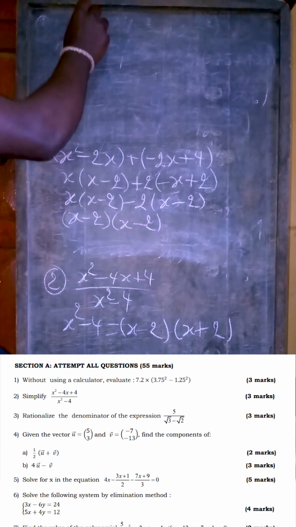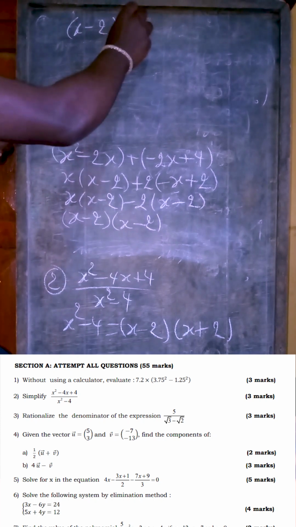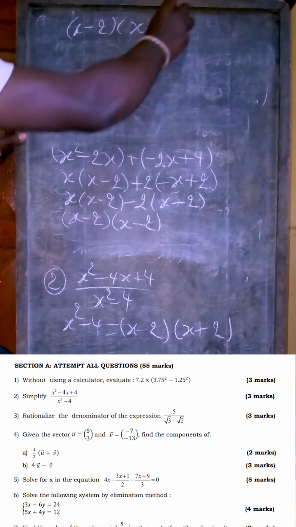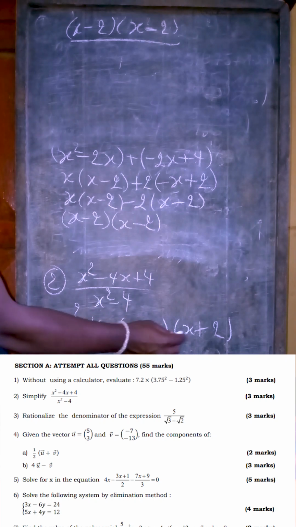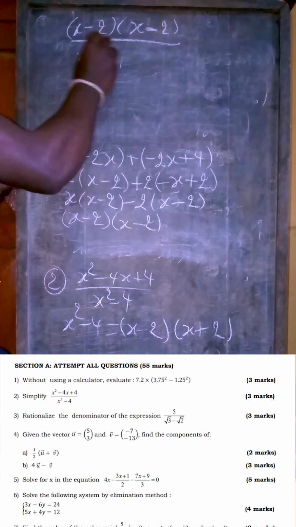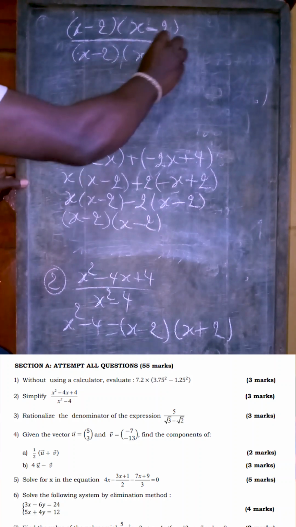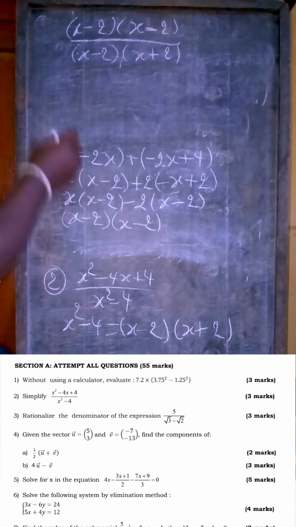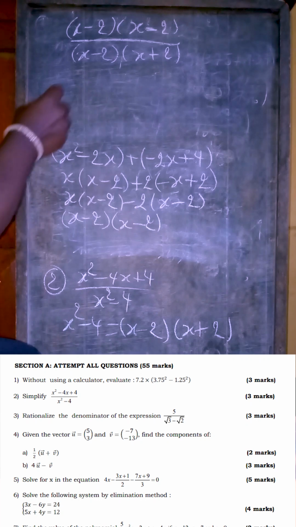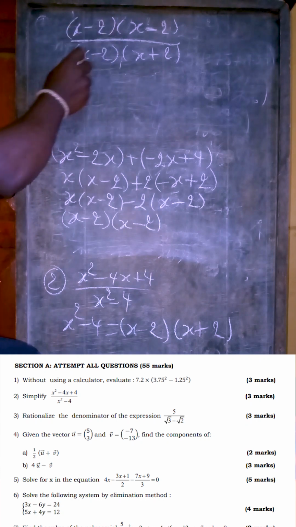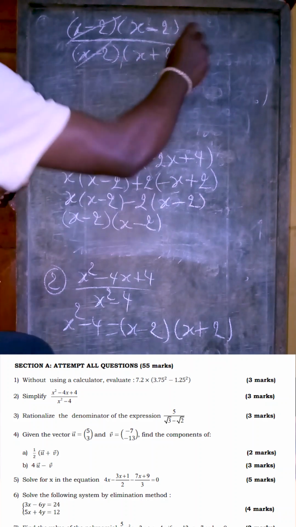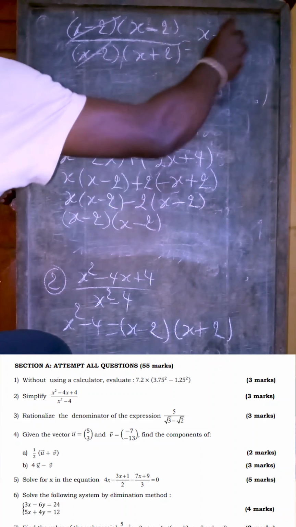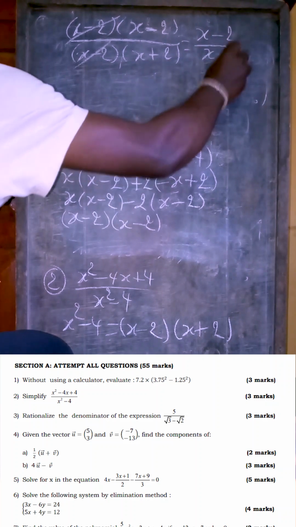It will be x minus 2 times x minus 2, over x squared minus 4 in factor form, which is x minus 2 times x plus 2. Then can we simplify anything here? x minus 2 and x minus 2 can be removed, and this cannot be simplified. Means the final solution is x minus 2 over x plus 2.